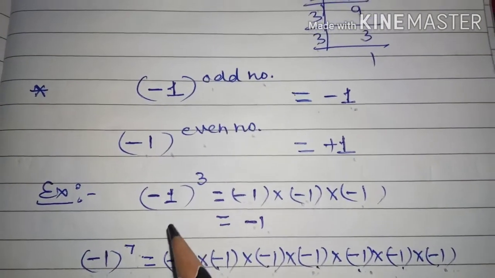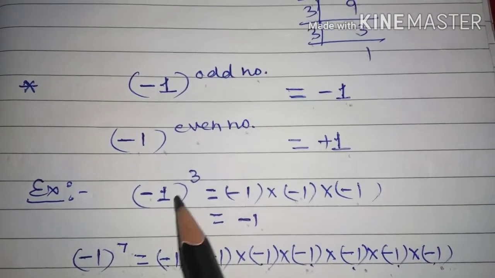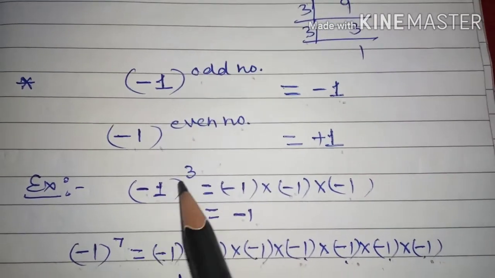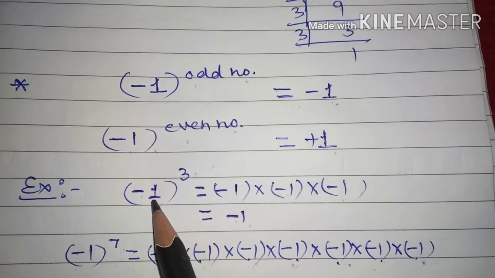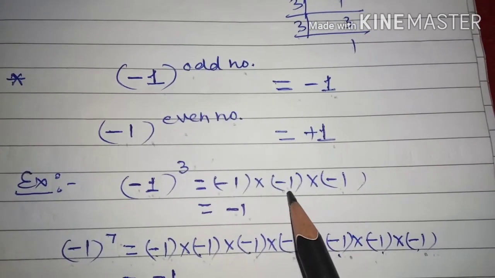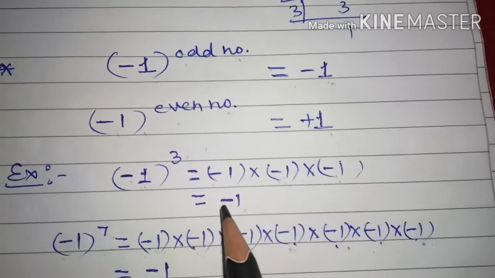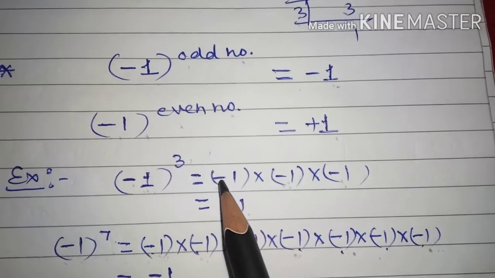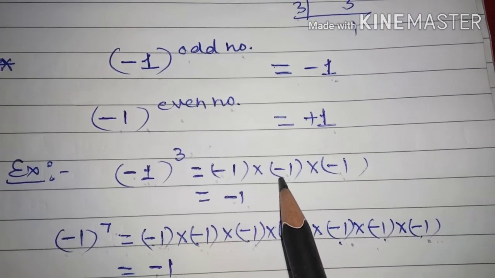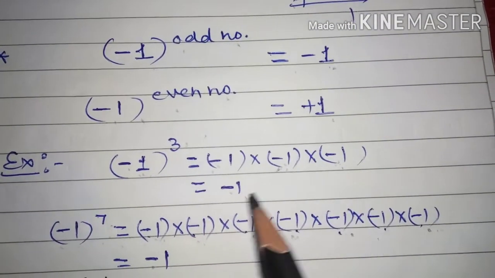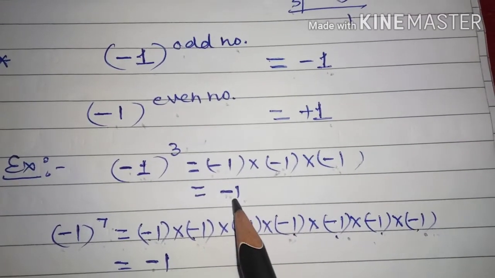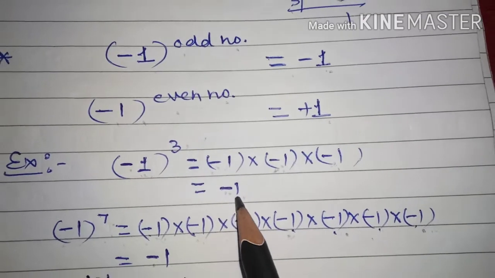Let us take the example minus 1 power 3, where 3 is an odd number. So minus 1 power 3 means minus 1 will be multiplied 3 times. Minus 1 into minus 1 into minus 1. First we will multiply the signs, then the numbers. So minus into minus, plus, plus into minus, minus. So the minus sign will be here, and 1 multiplied by itself is 1. So the result will be minus 1.